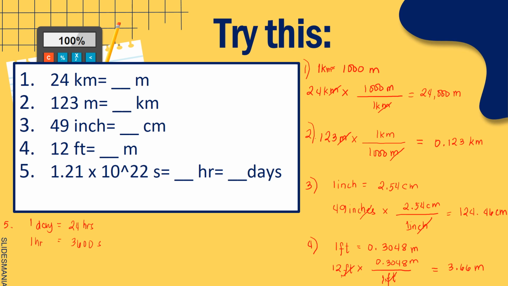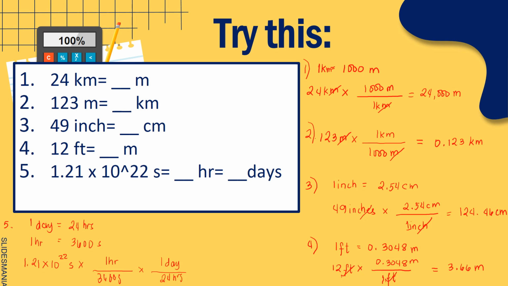So let's write our conversion here. It's 1.21 times 10 raised to 22 seconds times, we have to write here 1 hour, that is equal to 3,600 seconds, times 1 day is equal to 24 hours.